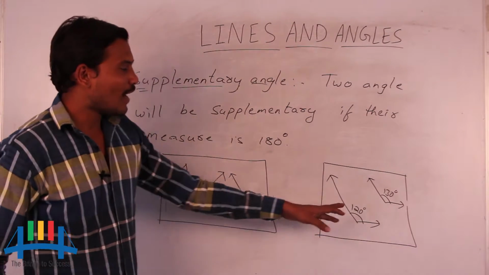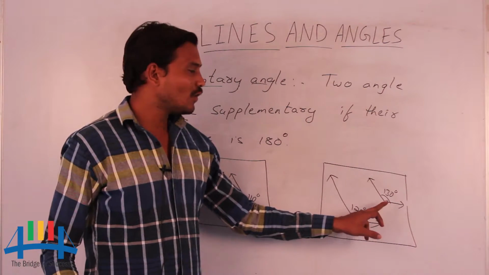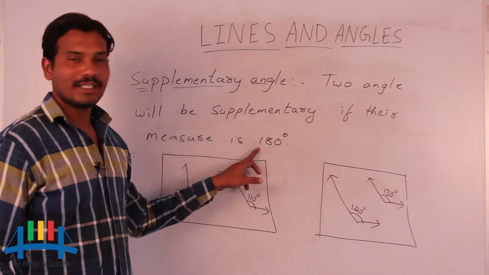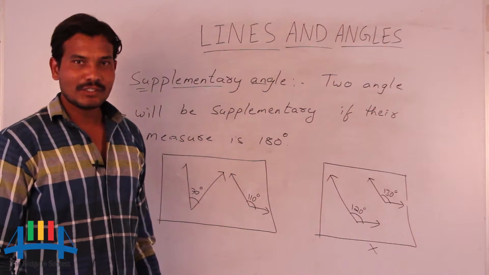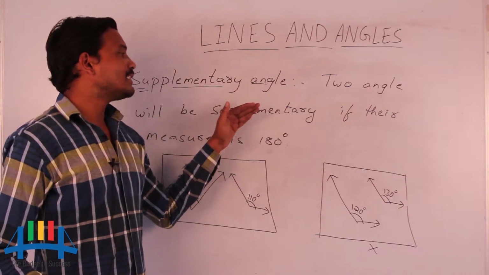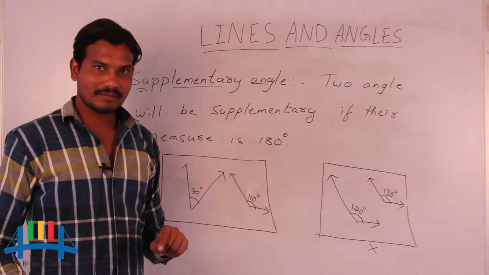So here we have both angles, and the sum of these both angles is 250 degrees, which is not equal to 180. So this is not a supplementary angle. So two angles are said to be supplementary if the sum of their measures is 180 degrees.